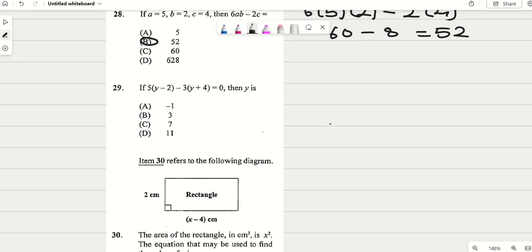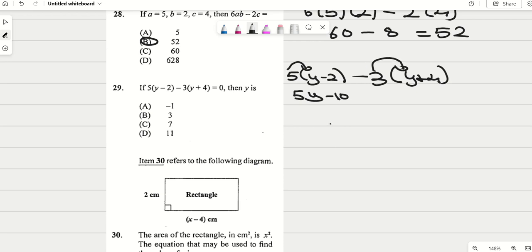So 5 open bracket y minus 2, minus 3 open bracket y plus 4. So it's 5 by y is 5y, and then 5 by minus 2 is minus 10. Then minus 3 by y is minus 3. Hold on, I made a mistake.